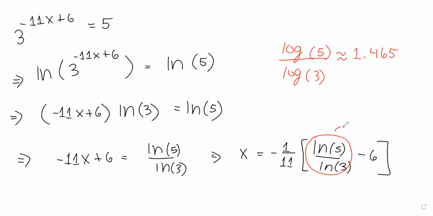So if you take the ratio of the natural log of 5 to the natural log of 3, it is also approximately equal to 1.465. Therefore, although this calculation involves the natural logarithm instead of the common logarithm, it's still identical.